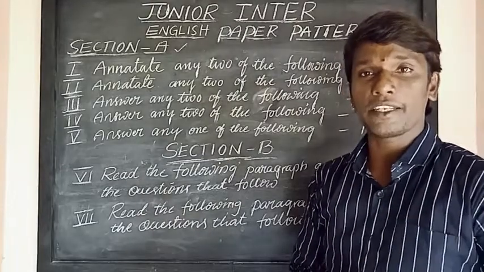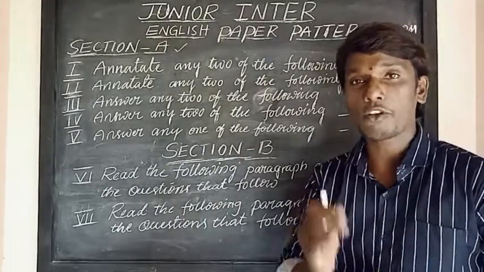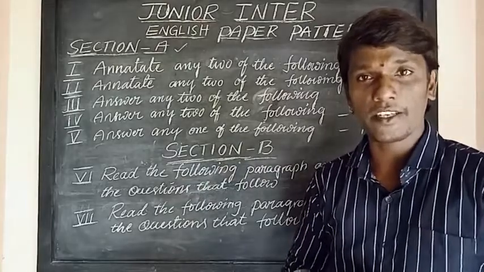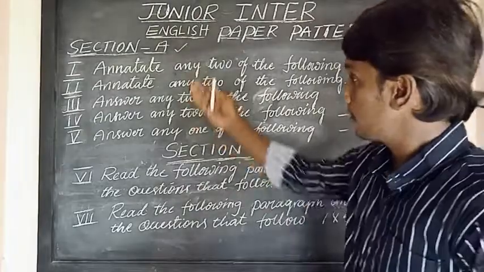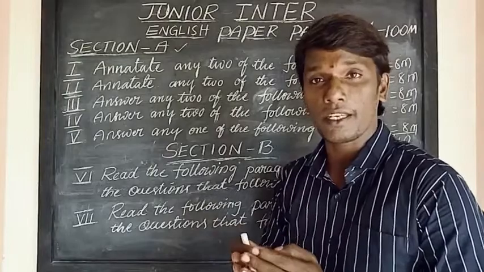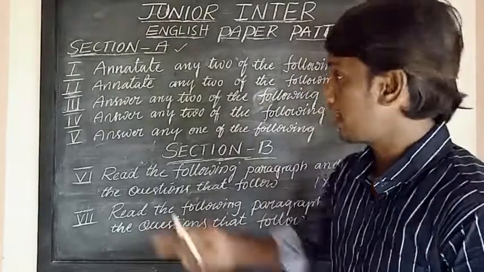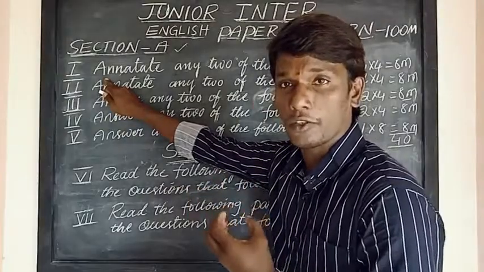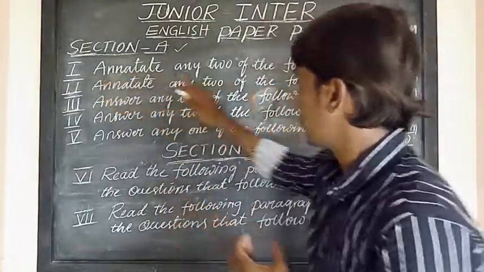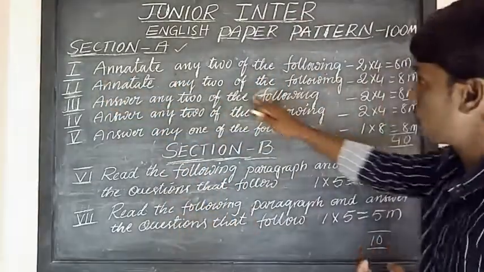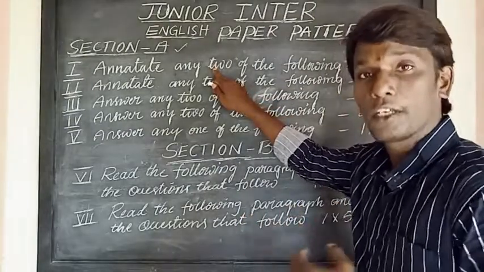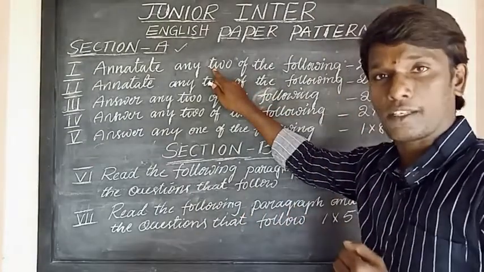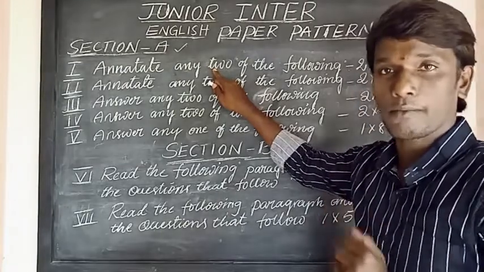Each annotation carries 4 marks. These annotations are from the prose lessons. So under Roman number 1, you will be given 4 annotations from the prose lessons for 8 marks. That means out of the 4 questions, you can select any 2 questions which you like most.